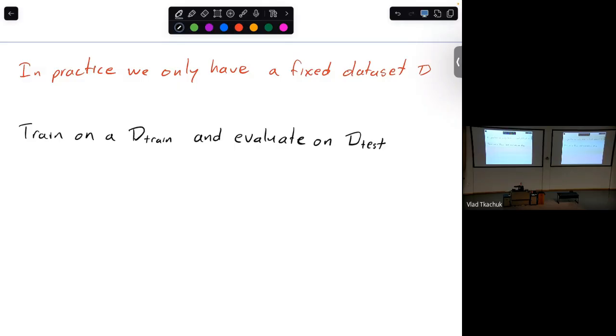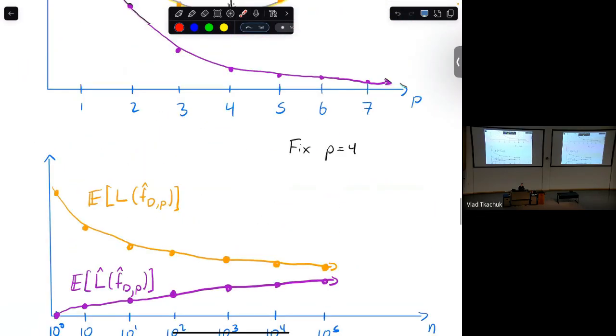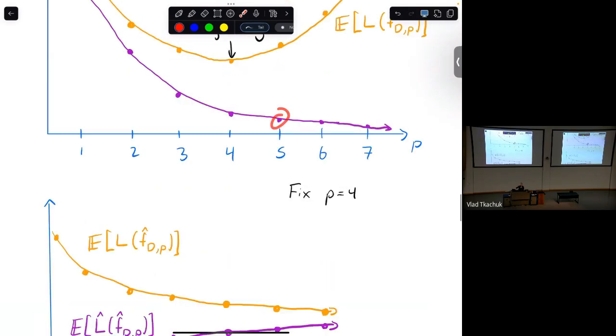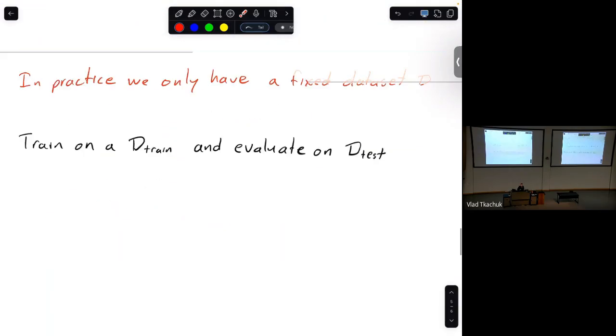It is only going to be used at the very end. I do all this training on the training set, train all of my different polynomial degrees, and get different empirical risks. It's clearly going to keep decreasing. And then I pull out my test set, and on that test set, I evaluate each one of them. And then I'll get something that's much closer as an estimate to this. Okay.